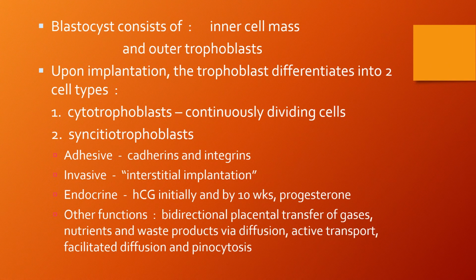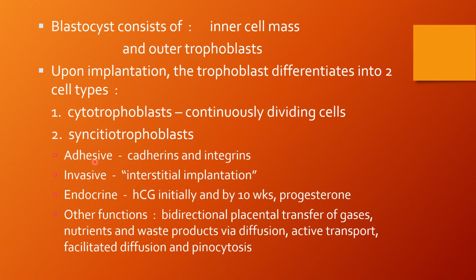The blastocyst consists of the inner cell mass and the outer trophoblast. Upon implantation, the trophoblast differentiates into two cell types, the cytotrophoblast and the syncytial trophoblast. The cytotrophoblast continuously divides, while the syncytial trophoblast will have three major functions.